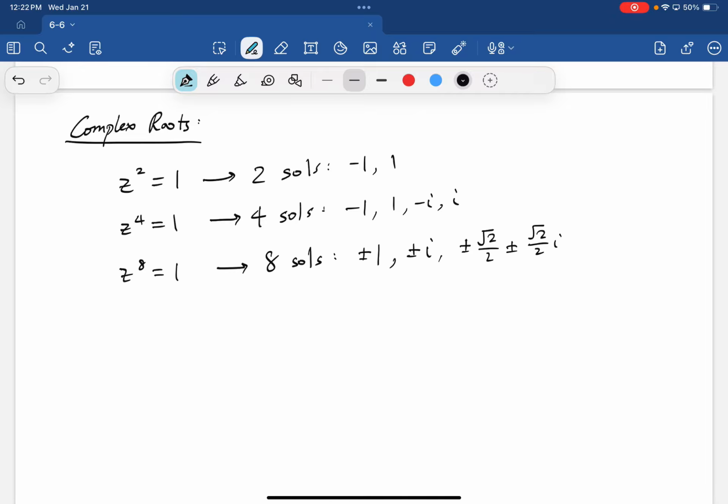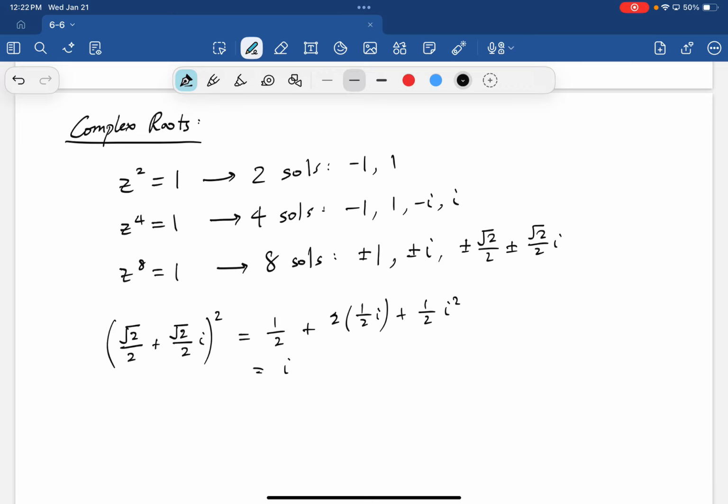I'll prove it to you. It doesn't make sense at first. Let's take, for example, root 2 over 2 plus root 2 over 2 i. If we square this, what will we get? This is actually going to be 1/2 plus 2 times 1/2 i, if you just did FOIL, plus 1/2 i squared, which would give you i.